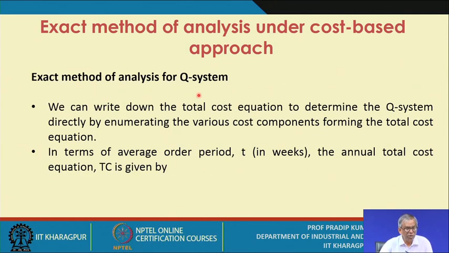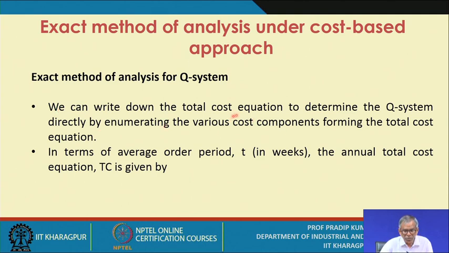So let us first talk about the exact method of analysis for the Q system. We can write down the total cost equation to determine the Q system directly. That means to determine the working of the Q system essentially, because wherever there is some activity there is always a related cost.